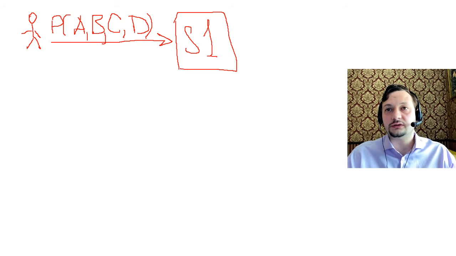So the user 1 sent this request to the service 1, and the response of A, B, C, D would be the answer of A, B, C, and D.